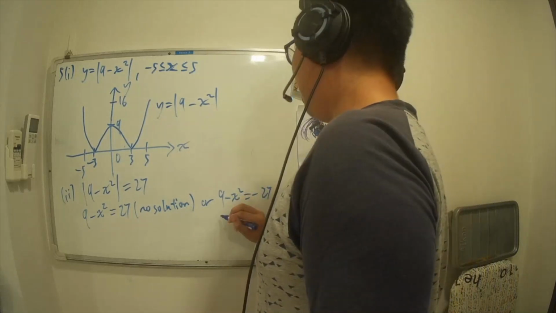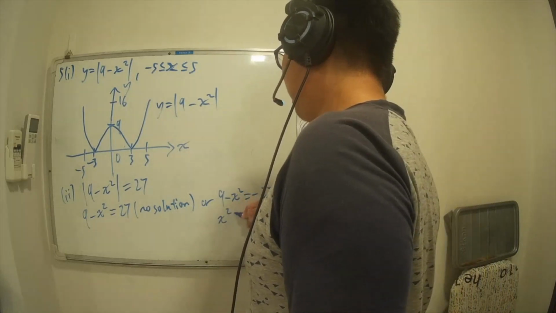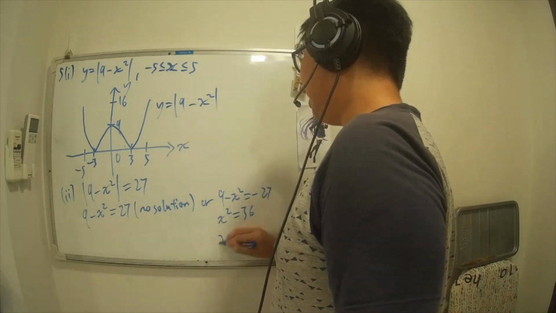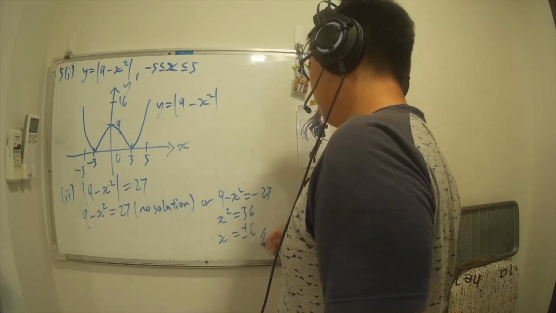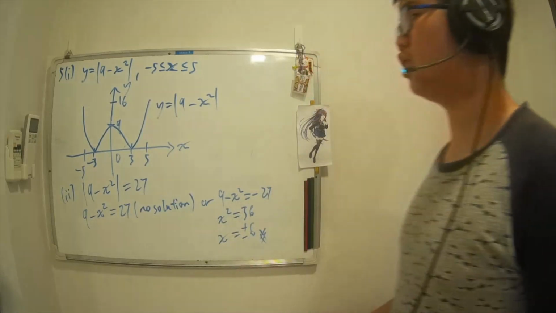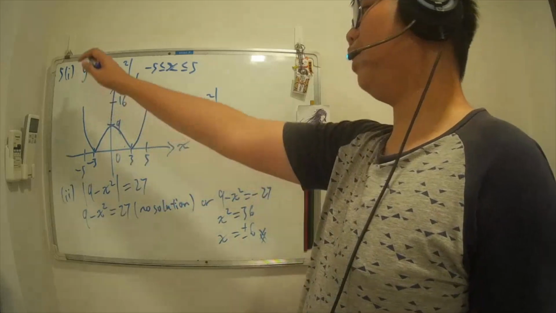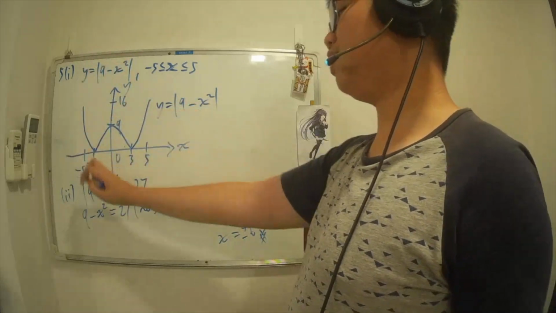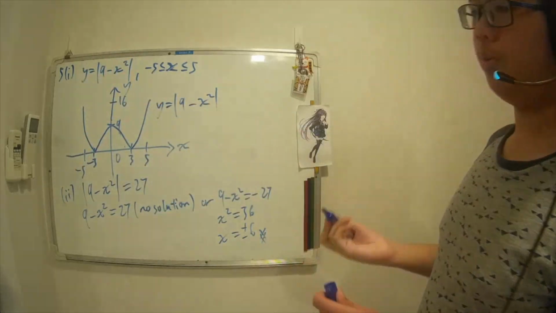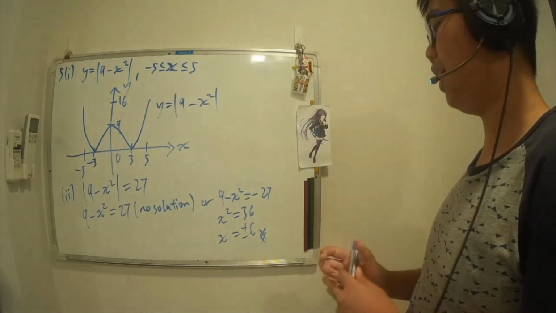So x squared is equal to 36, x is equal to plus minus 6. That's the x-coordinates of the intersection. If you sketch this, you'll know that 27 is somewhere up here, then there will be negative 6 here, 6 here. So that should be pretty straightforward as well.